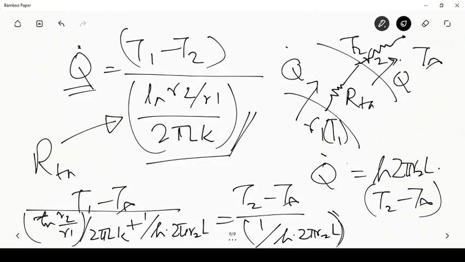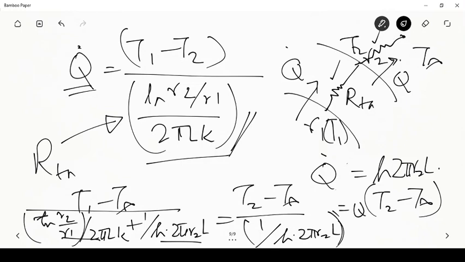The thermal resistances between T1 and T infinity get added together, this and this, and so you get (T1 minus T infinity) divided by the two resistances added together is the same heat flow q dot.